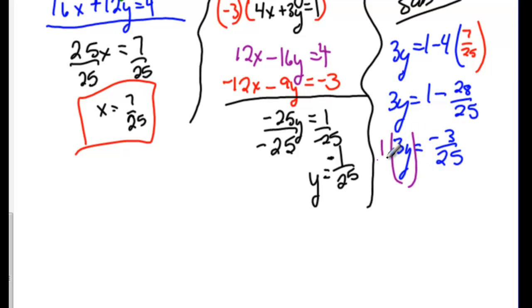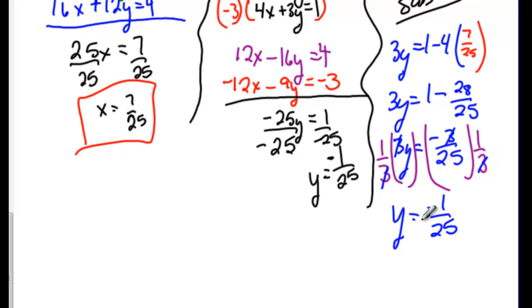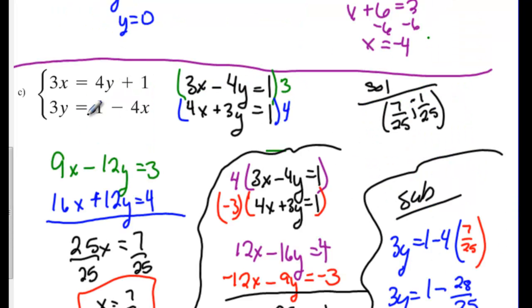I'm going to multiply by 1/3 because I think that's just a little shorter. Do you guys see that that's the same? Exactly. And then these go away, and we're left with a negative 1/25. So you'll still get there. Whenever you go plug back in, try to pick an original.